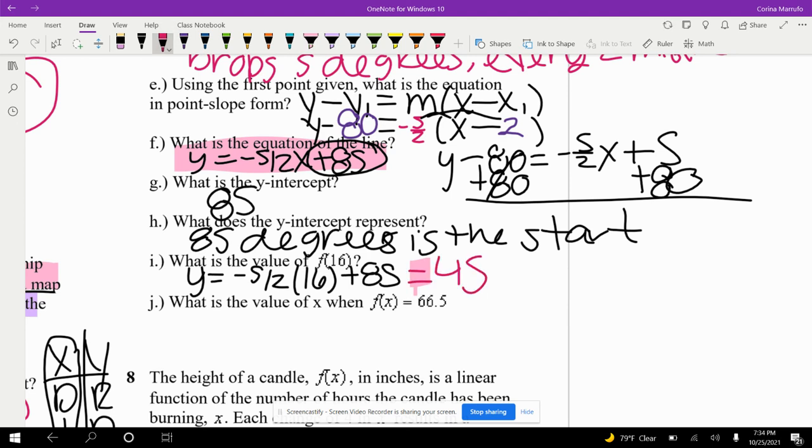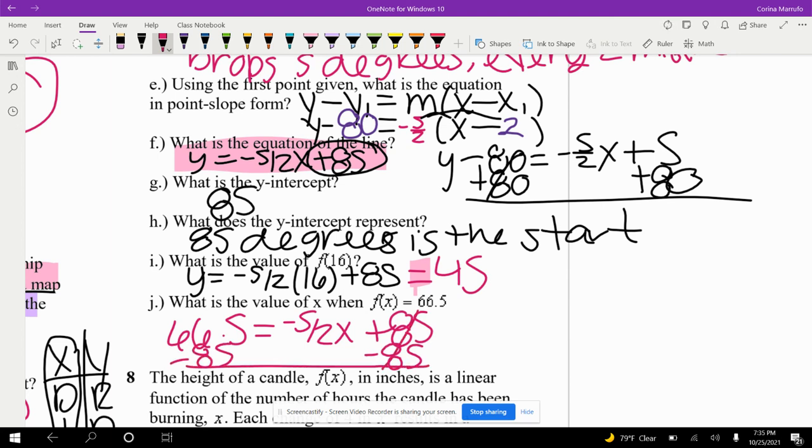Okay, this one's backwards. It says, what is the value of x when f of x equals 66.5? So instead of y, we put 66.5 equals -5 over 2x plus 85, and we solve for x. So I move over the 85 first. This cancels, so 66.5 minus 85 gives me negative 18.5.